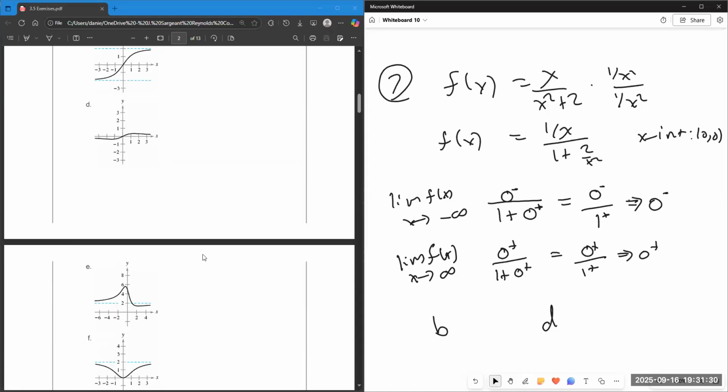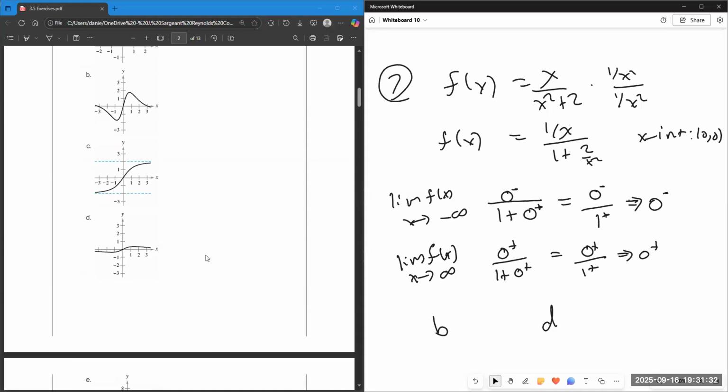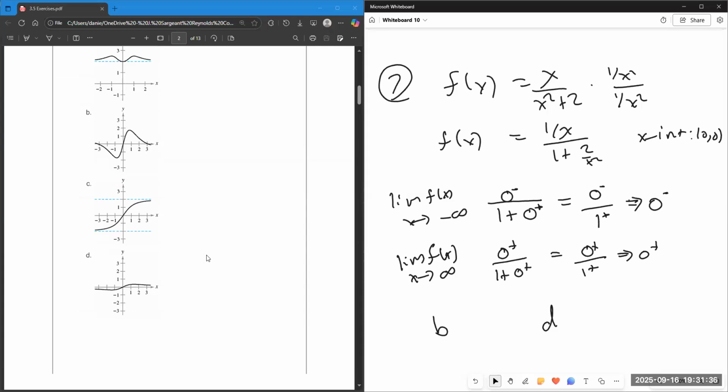And then let's see. B is actually crossing the x-axis multiple times. We'll see that later. But there's actually 3 x-intercepts shown there. We only have 1 x-intercept at 0, 0, so it's not B, it's D. So this is D.